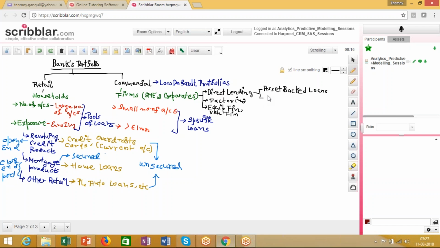The second that we have over here within direct lending is the cash flow loans.